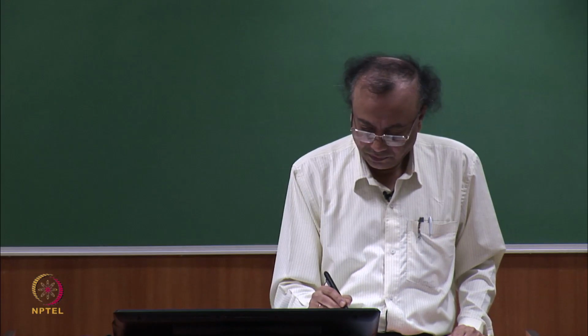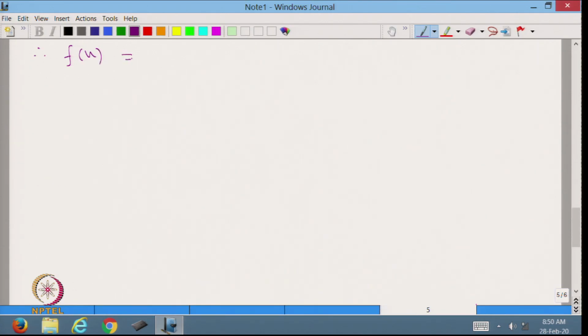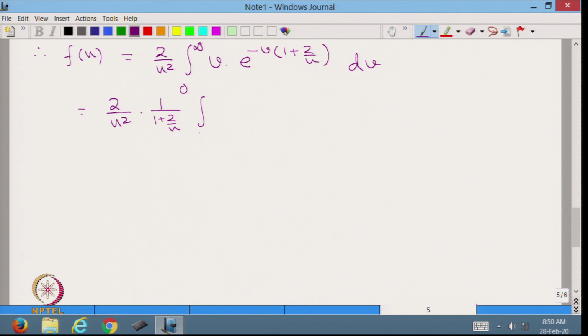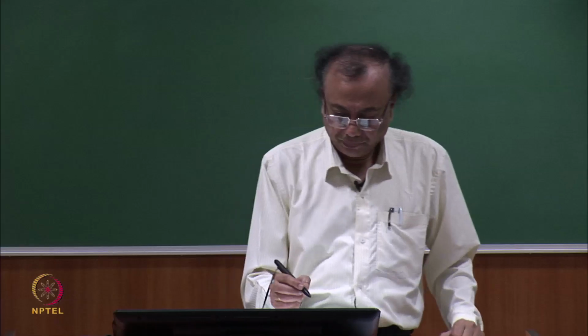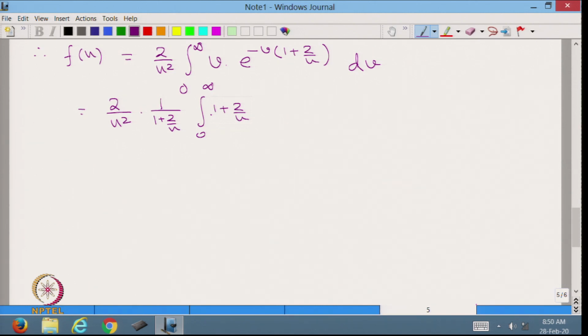Therefore, f of u is equal to 2 by u square, integration 0 to infinity v e to the power minus v into 1 plus 2 by u dv, which is equal to 2 by u square into 1 upon 1 plus 2 by u, multiplied by integration 0 to infinity of 1 plus 2 by u into v e to the power minus v into 1 plus 2 by u dv.